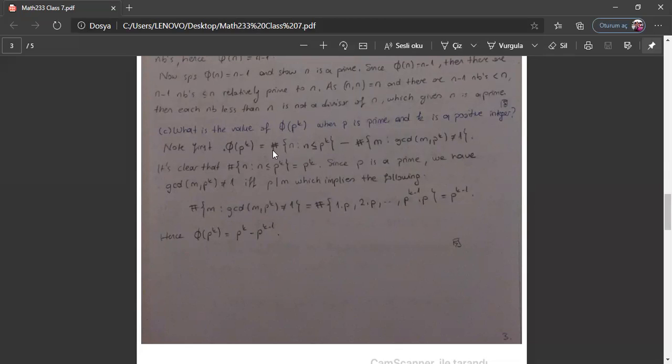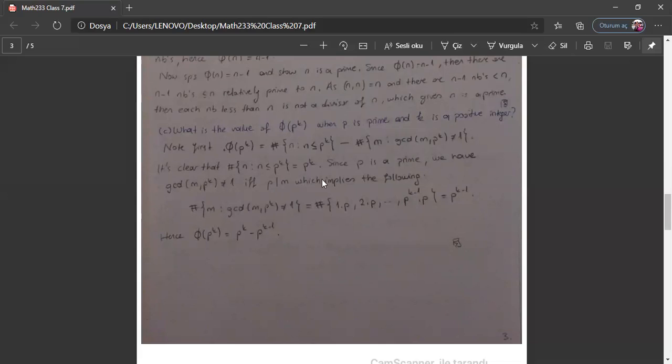The number of the elements of this set is p to the k. Now, what are these elements? What's the number of the elements of this set? So we know p is a prime. Then if we have this, then we need to have p divides n.